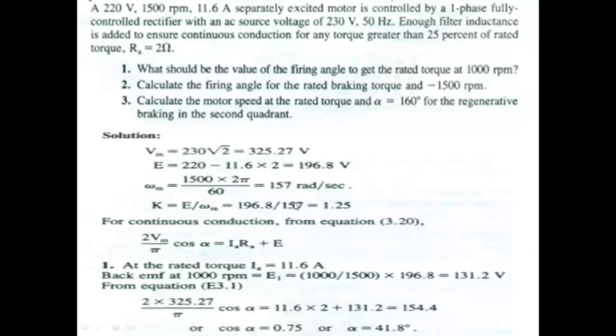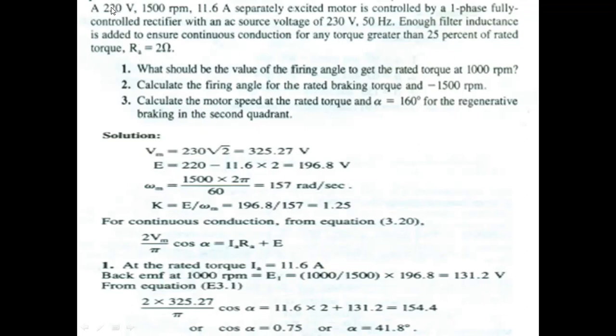Okay, so now when we multiply 230 by root 2, we get 325.27 volts, which is Vm. And E is equal to 220 minus IaRa.